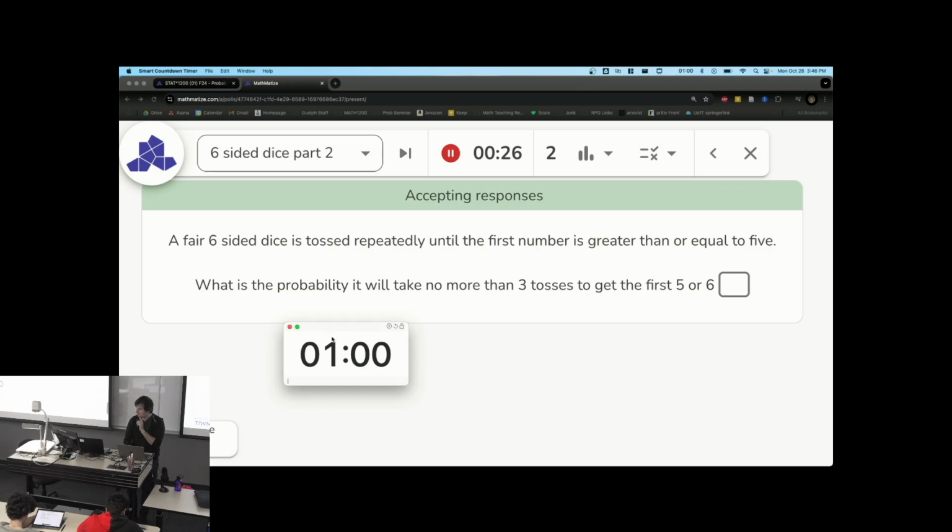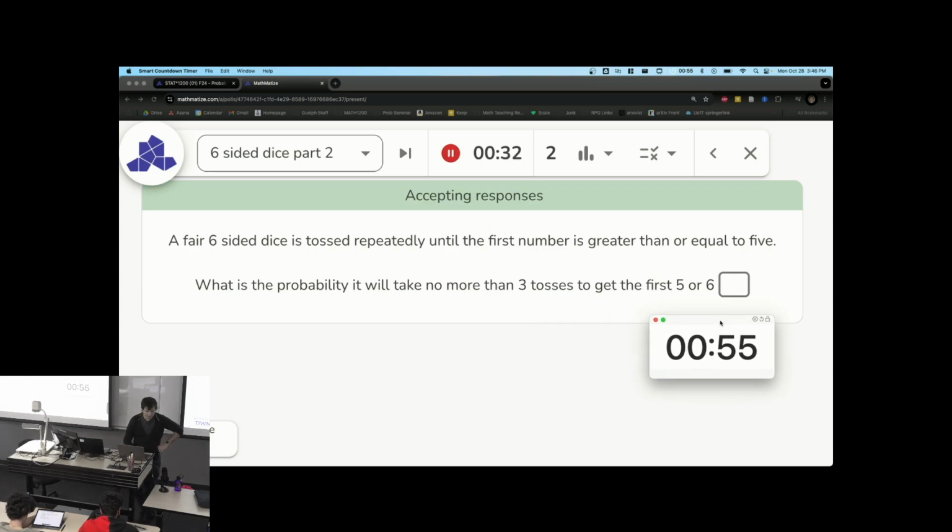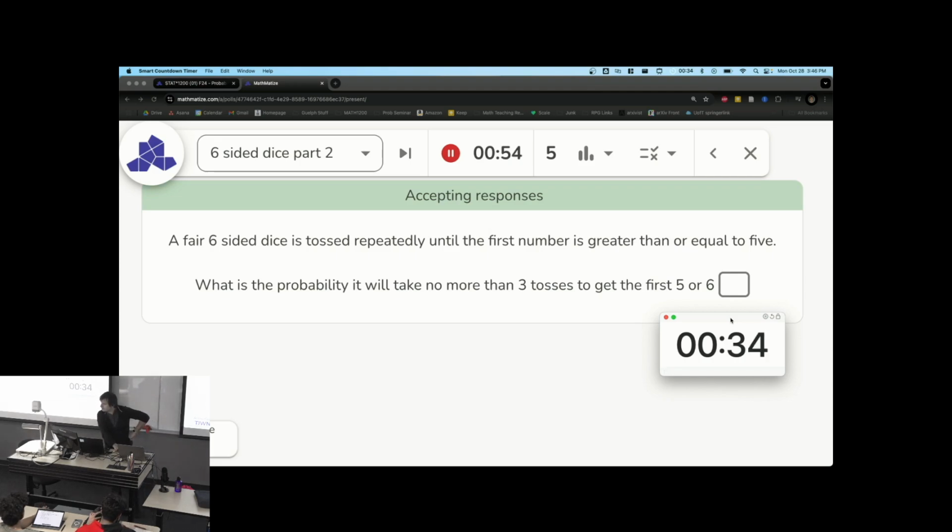No more than 3 tosses. No more than 3. All right. 30 seconds left, 20 seconds left.